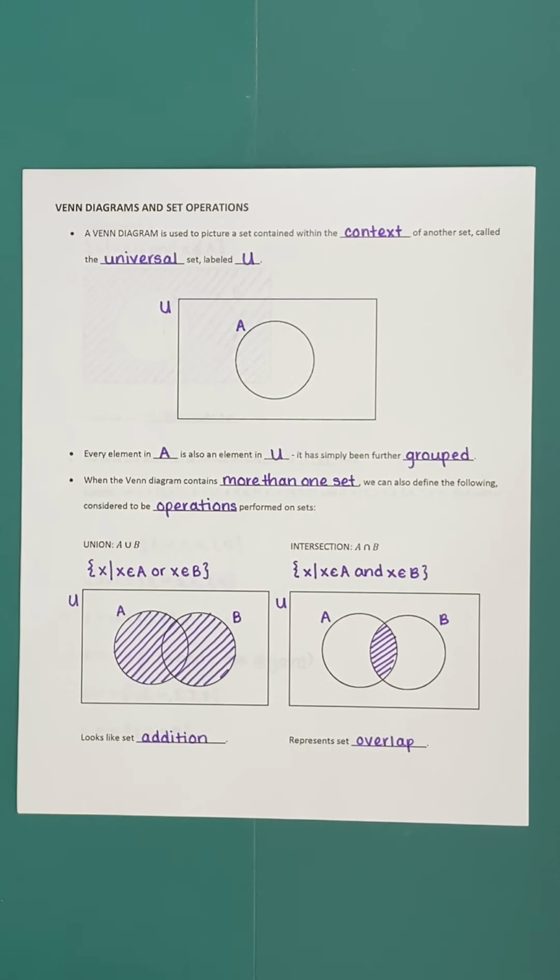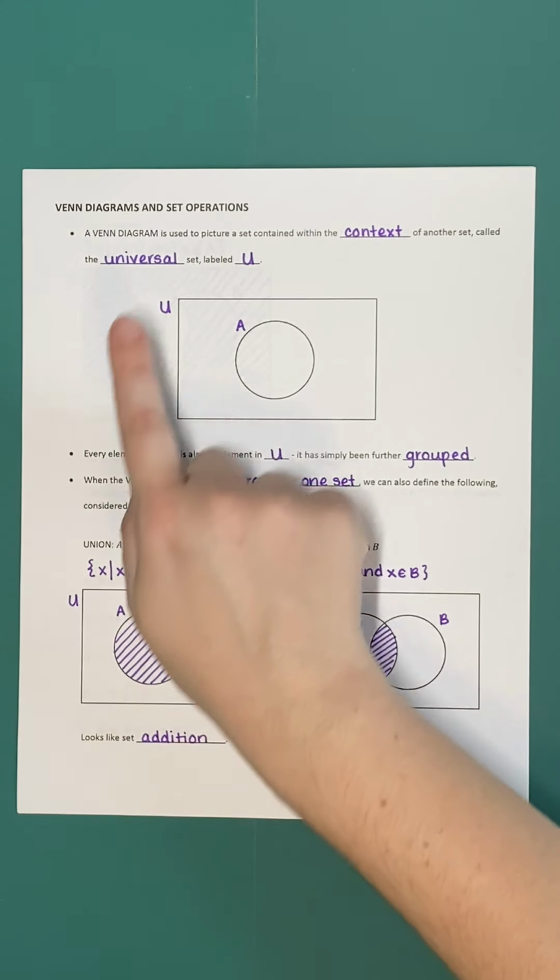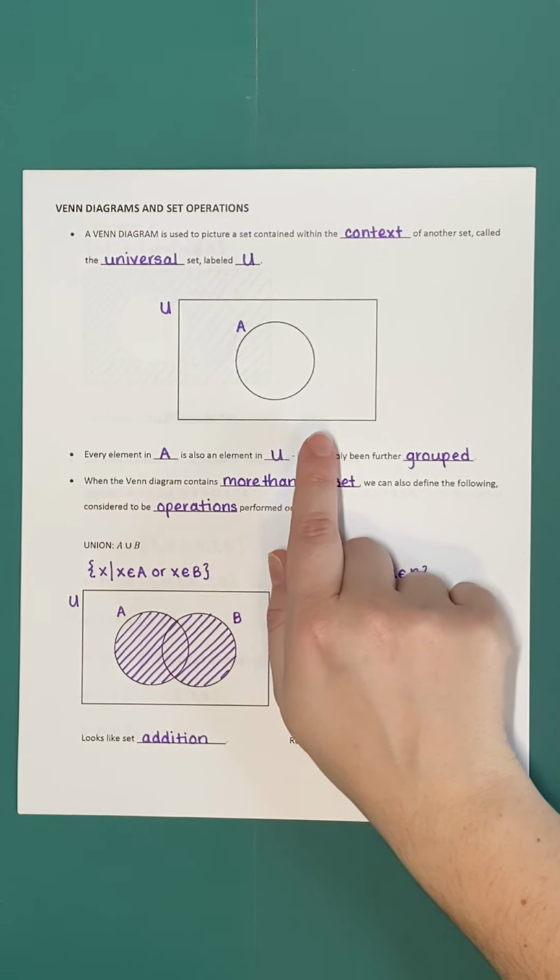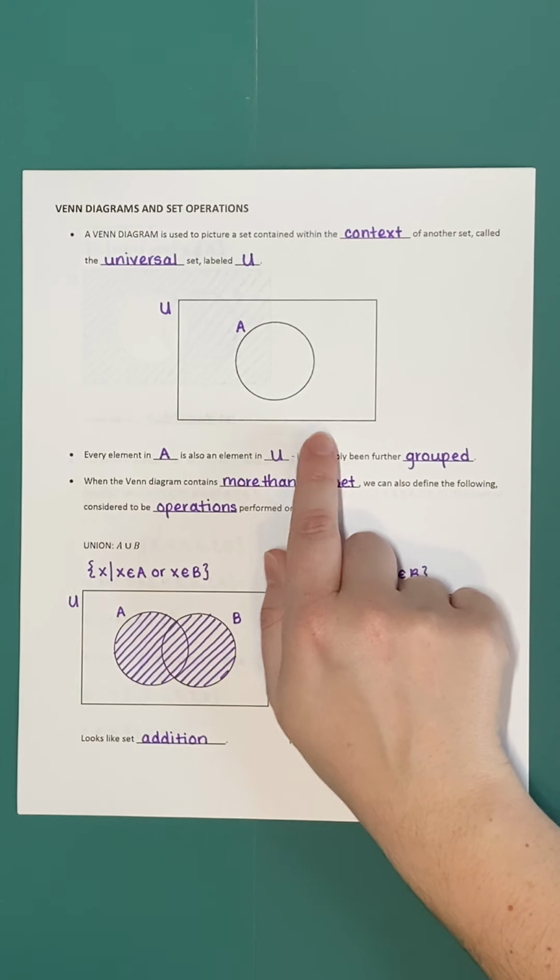So a Venn diagram is just a picture, so it's going to picture a set contained within the context of another set, what we're going to call the universal set. So think of it as taking a whole big collection of elements and then condensing them down a little bit further into an additional set that somehow groups elements in a meaningful way. So this is not what you're used to seeing for a Venn diagram, but this is a Venn diagram.